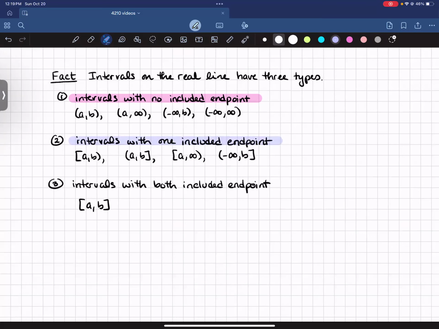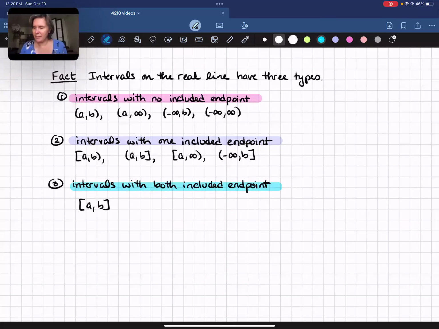That might look like the two that we just talked about, or an interval that looks like closed at A up to infinity, or negative infinity up to closed at B. And then the third type is intervals where both endpoints are included. That would just be A comma B closed. We can't have any unbounded intervals of that type because you can never include infinity when you're looking at a subset of the reals. Okay, so it turns out that the intervals in each type are all topologically equivalent.